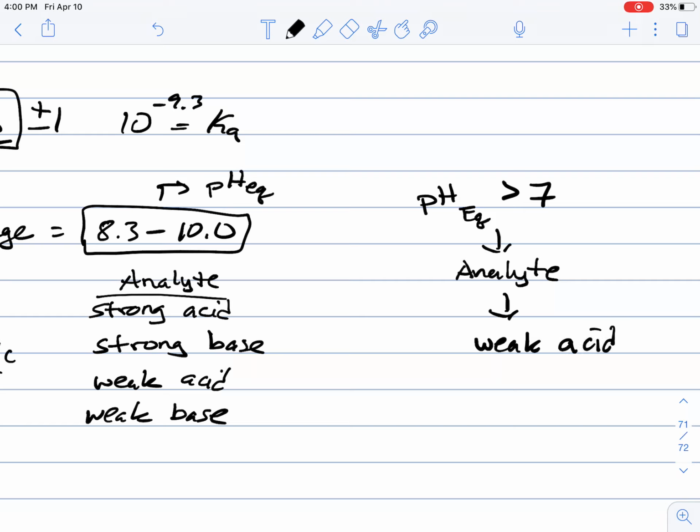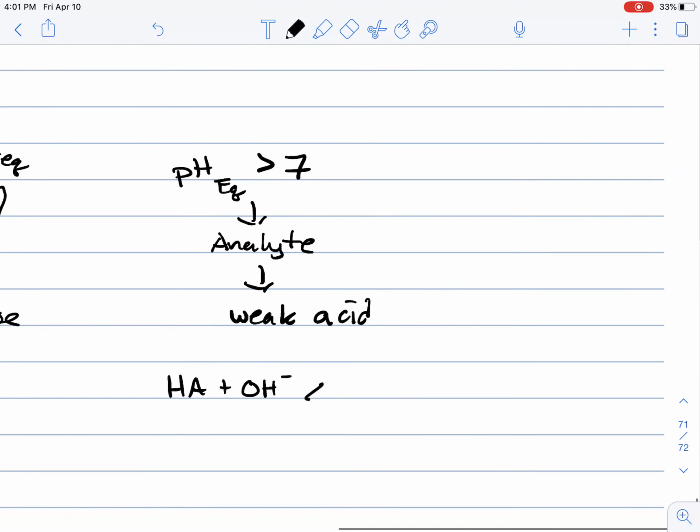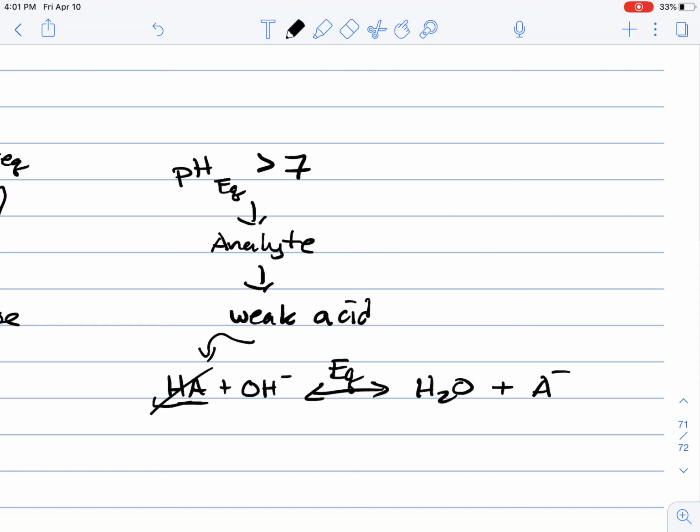Okay. And so if you recall, for weak acids at the equivalence point, I'll just draw it out. When it reacts with that strong base, it's going to produce water and A minus. So HA is just my general weak acid. And since we're at the equivalence point, that means that all the weak acid has reacted with the hydroxide, leaving us with just our conjugate base.